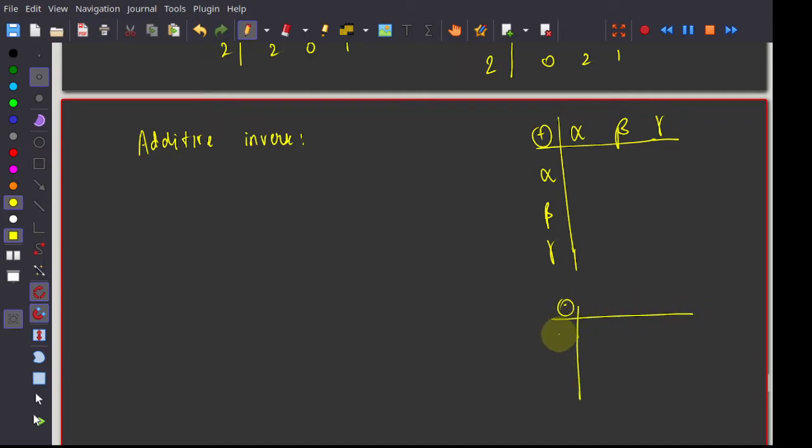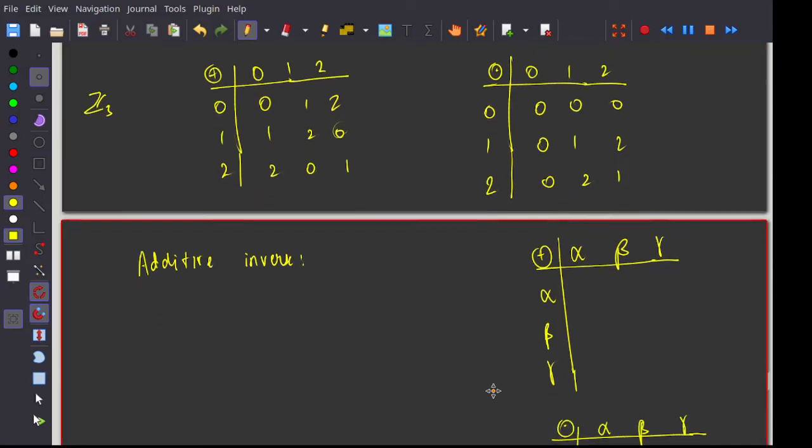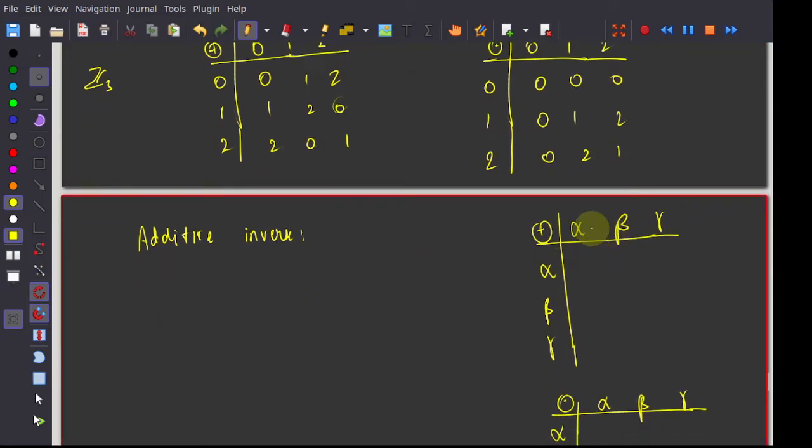And you should still be able to check whether this forms a field or not. Right? So maybe let me rewrite something.